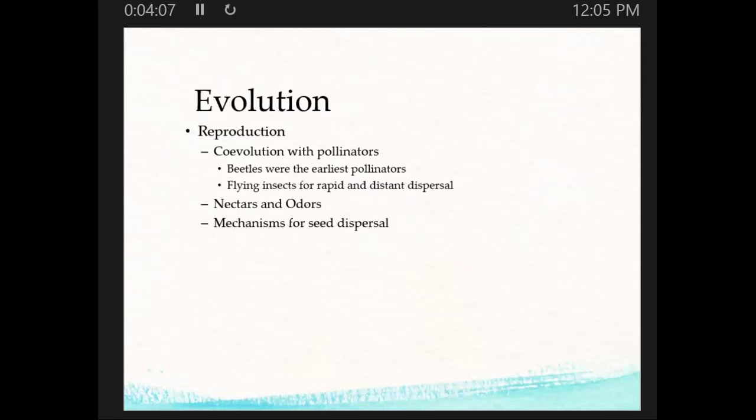Then sometimes odors come into play, but not always. I'm sure you smell pretty flowers, and at least to your nose you say, oh, that's very pleasant. Some flowers are not so pleasant to our nose, but are very attractive to their pollinators. And then we're going to look also at how they go about seed dispersal. There are different strategies.